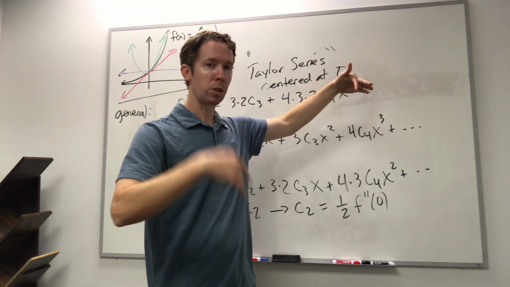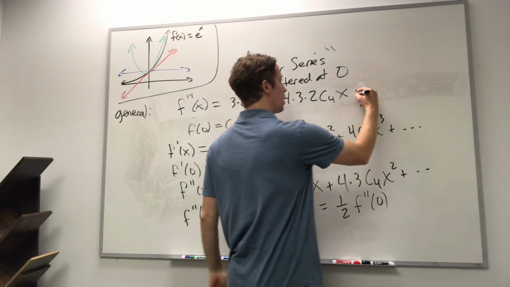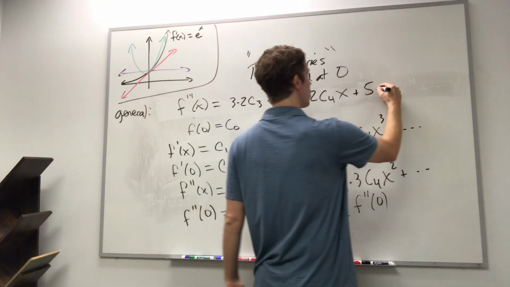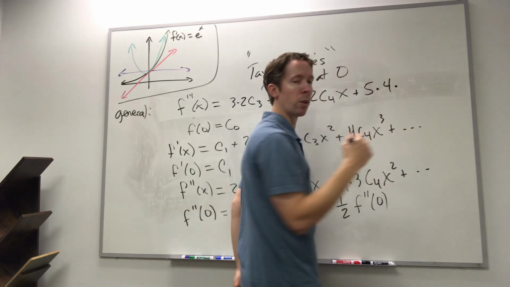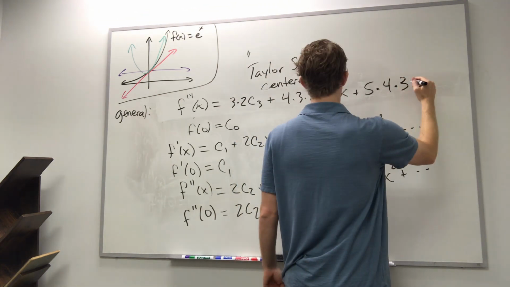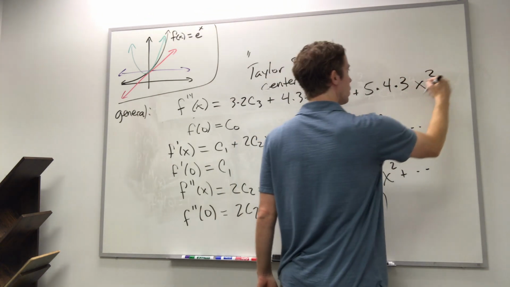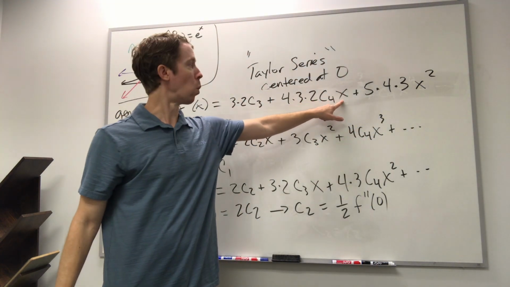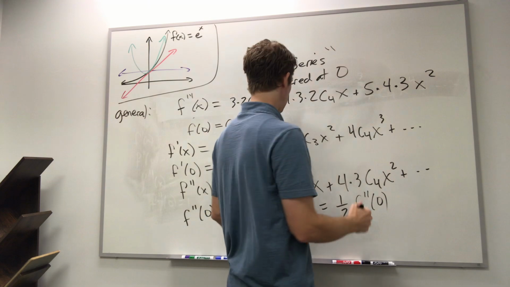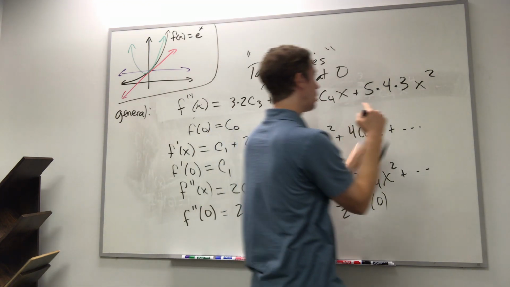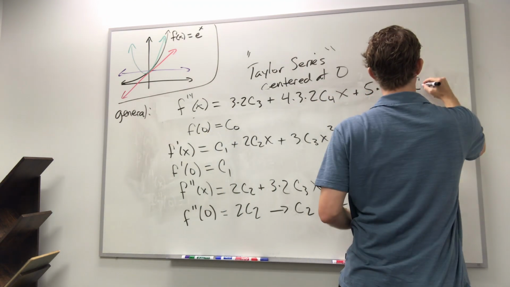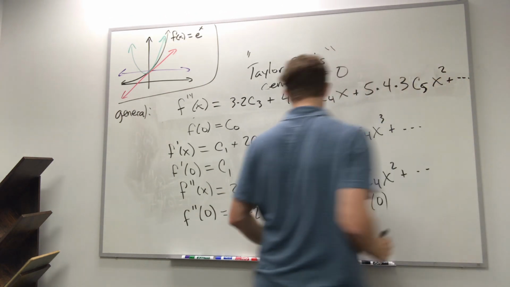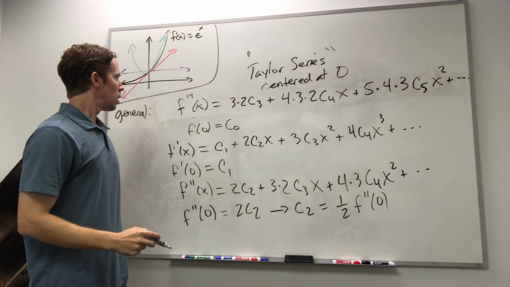So when I took the first derivative, I would have a 5, and then when I took the second derivative, I would have picked up a 4, and the third derivative would have given me a 3, and then I would still have 2 powers of x left instead of 1 like I had for the previous term. Oh, and there's a C5. And then it keeps going.